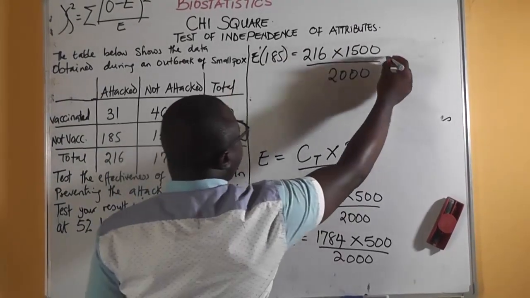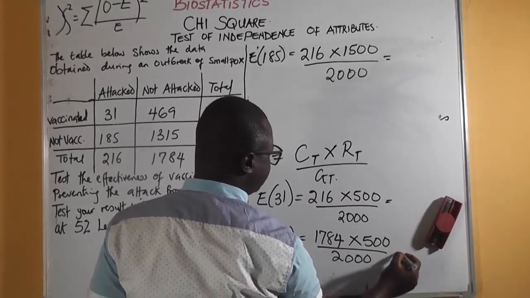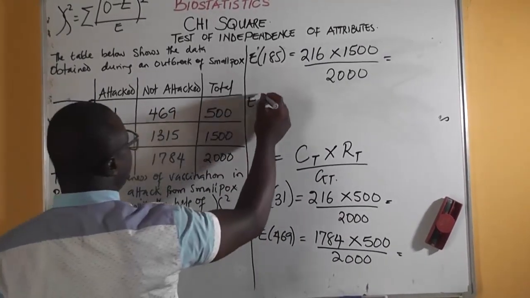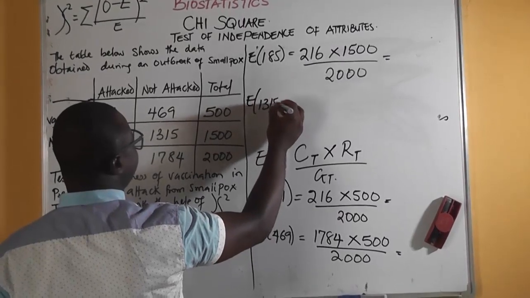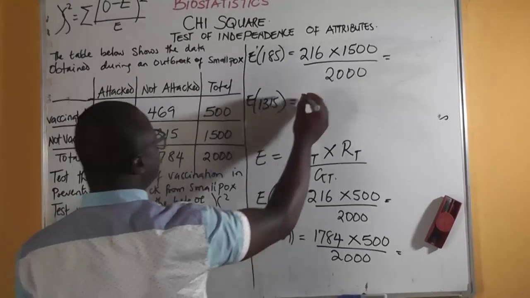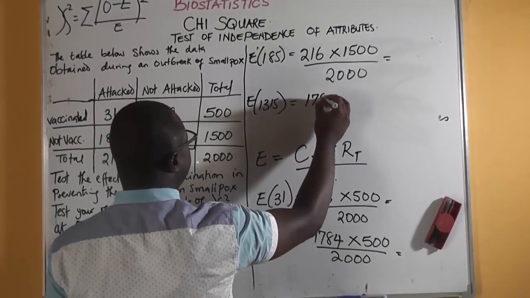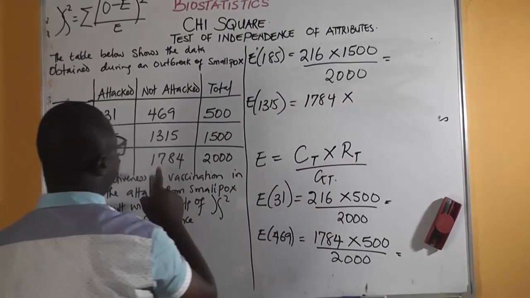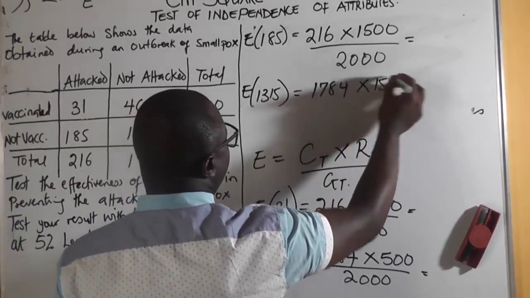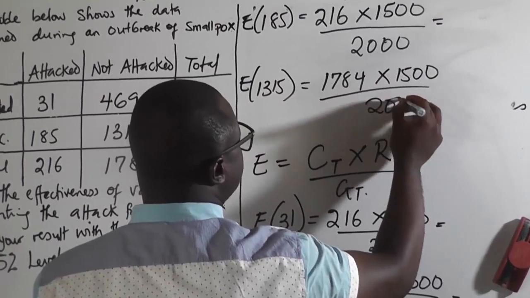Alright? Please, we'll write the answers later. Let's just finish. Then the last one, expected value for 1,315 will be what? This is our column total, which is 1,784 multiplied by row total, which is 1,500, all over 2,000.